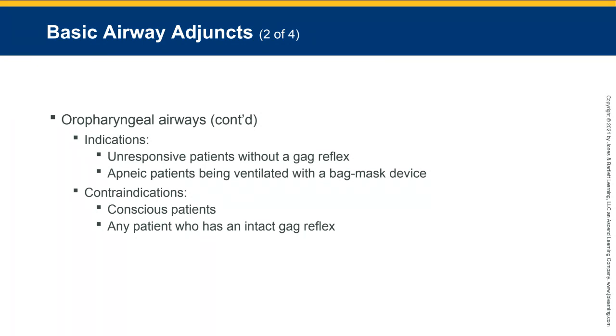For the oropharyngeal airway, the patient needs to be unresponsive, a gag reflex must be absent, and the patient must be showing signs of a ventilation problem. If these three indicators are not assessed for, then you shouldn't be using the device. Contraindication: if the patient is conscious, it's contraindicated. Any patient who has an intact gag reflex, it's also contraindicated.